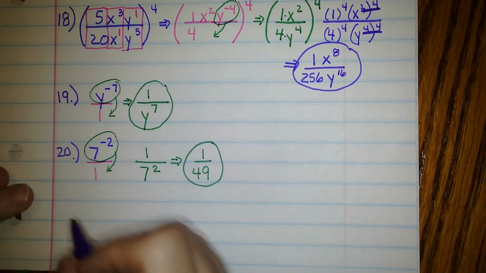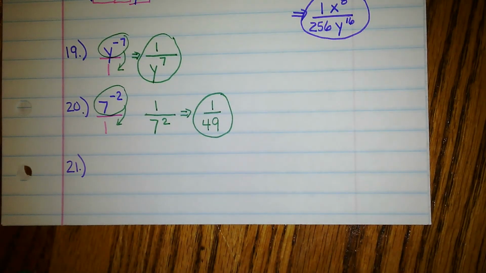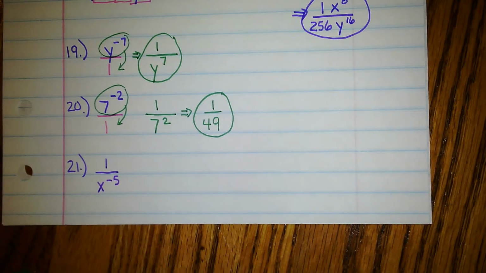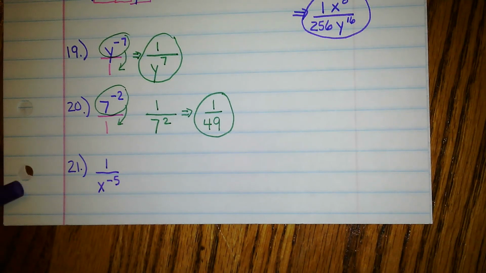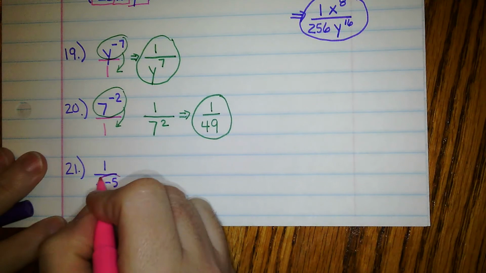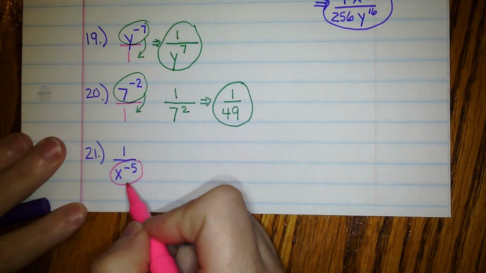Next one, 21. 21 says 1 over x to the -5. So this is interesting because in this case, we don't need to put it over 1. This is on the bottom. But this one needs to change position as well. So it's in the denominator right now.